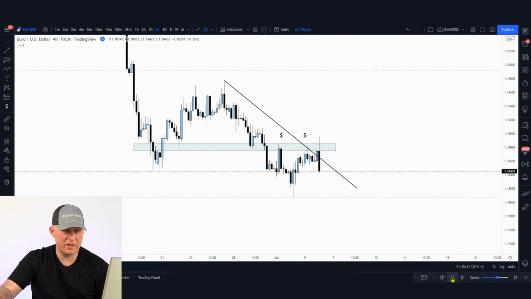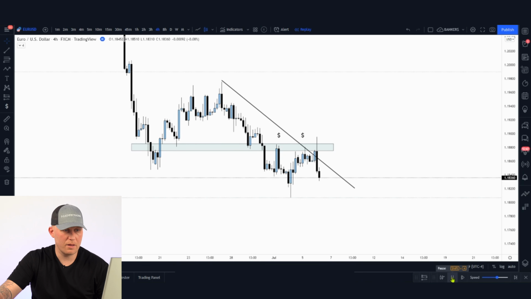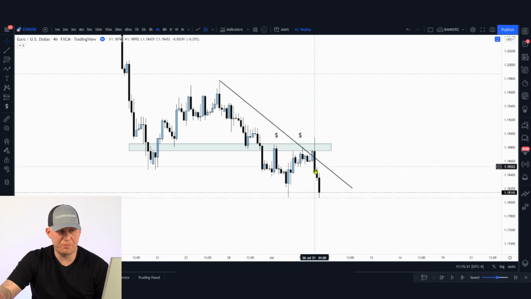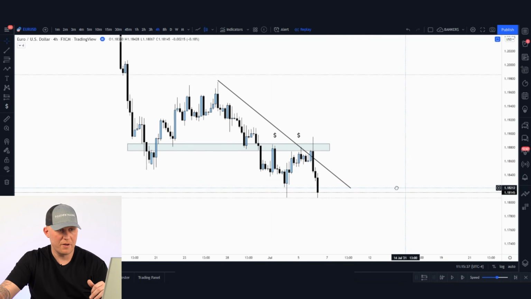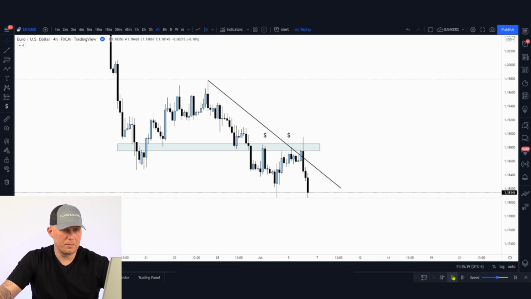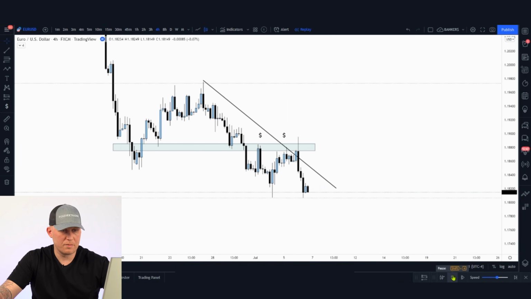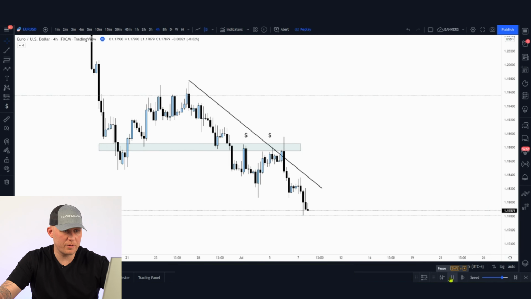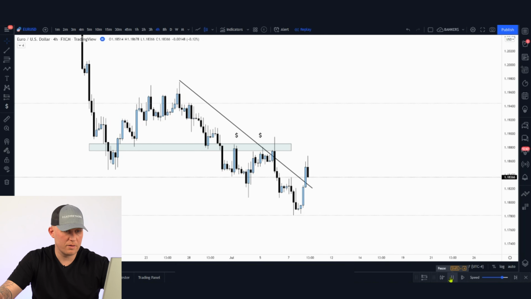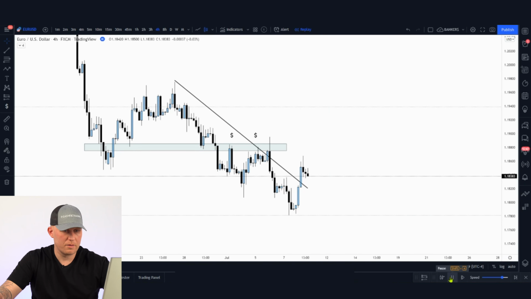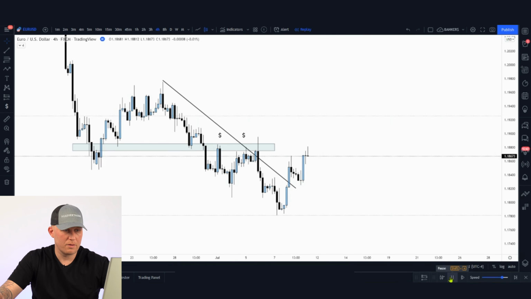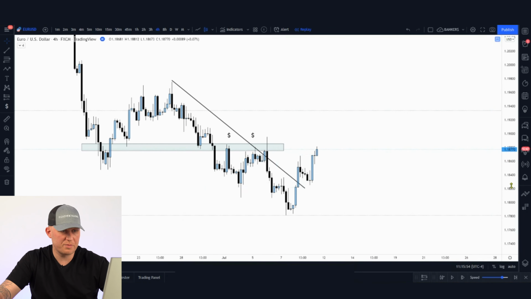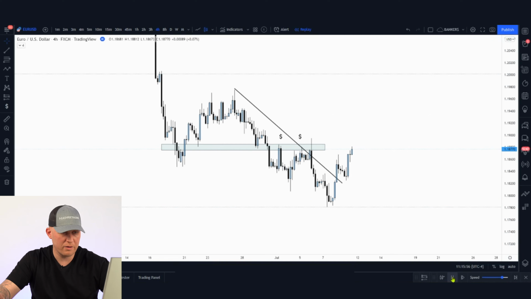So I'm going to press play here, and we can see price has broken structure there, making a lower low, and then we would use this new candle here for the basis of our entries. Let me speed this up a little bit. Okay, so now we can see price back into this level here.